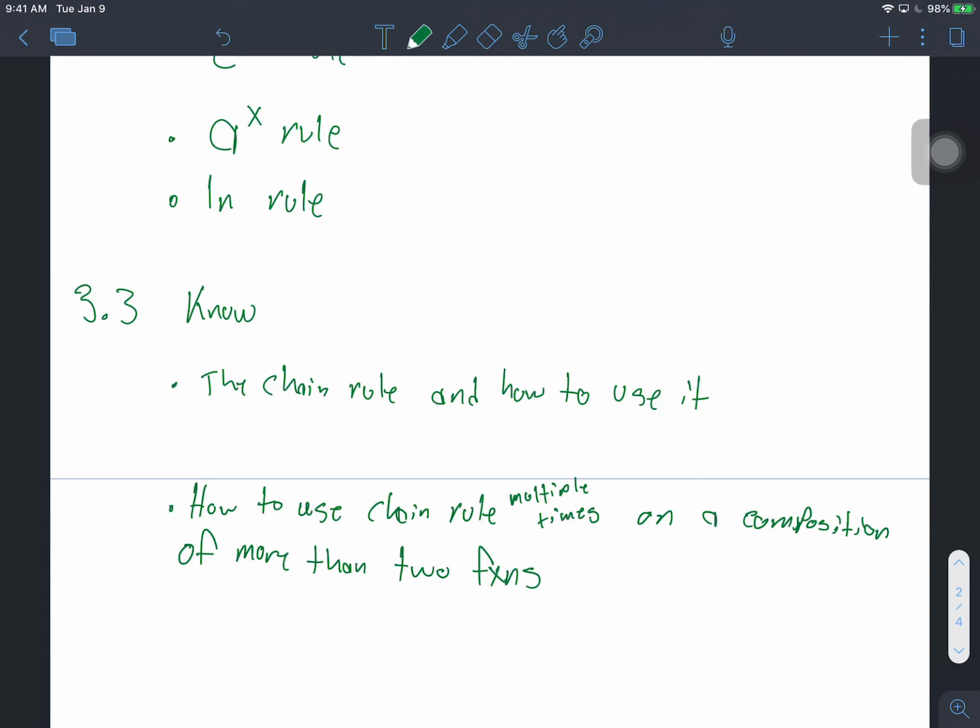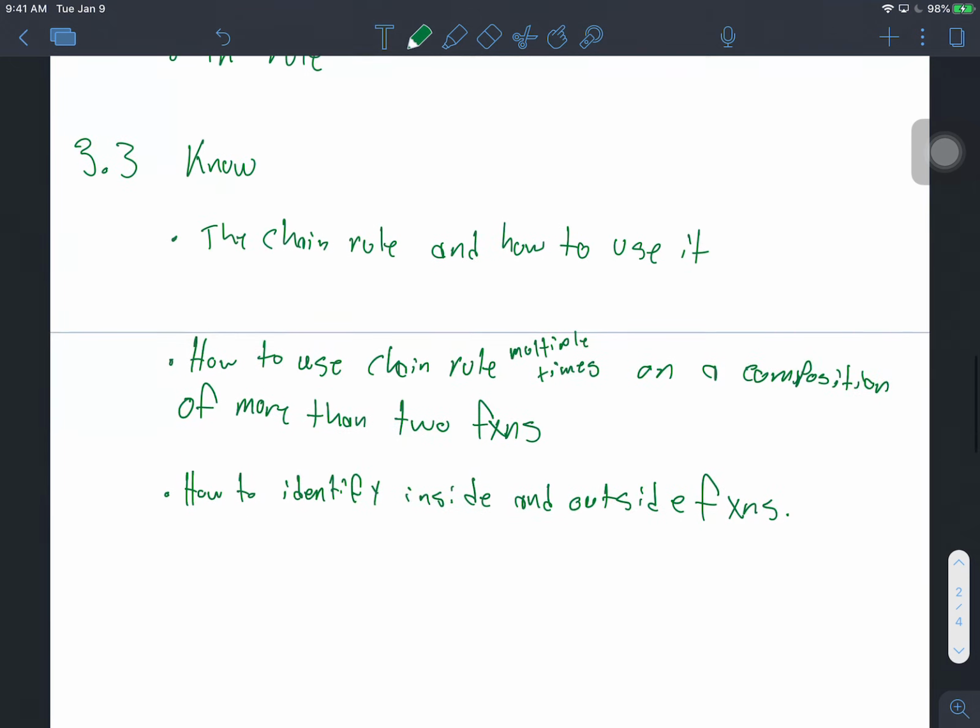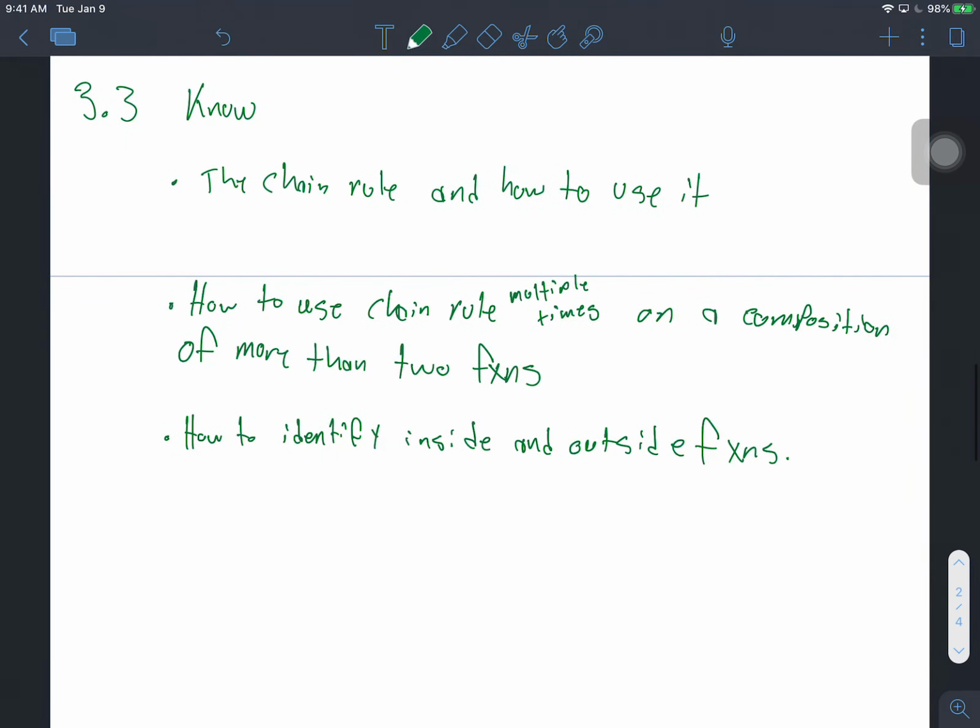There's a little bit more to go into that in terms of you should know how to identify inside and outside functions. That's good to know.